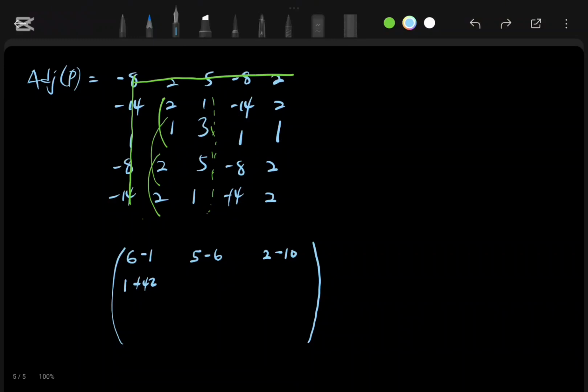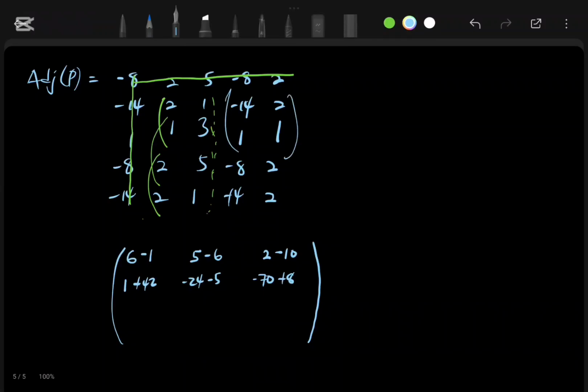Next, we have this block. 3 times minus 8 is minus 24, minus 5 times 1, which is minus 5. Next, we have this block. 5 times minus 14 gives us minus 70, minus 1 times minus 8 gives us plus 8.